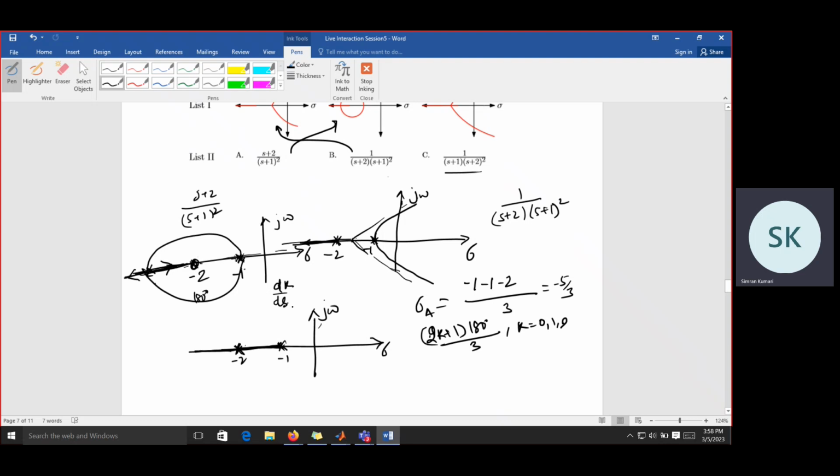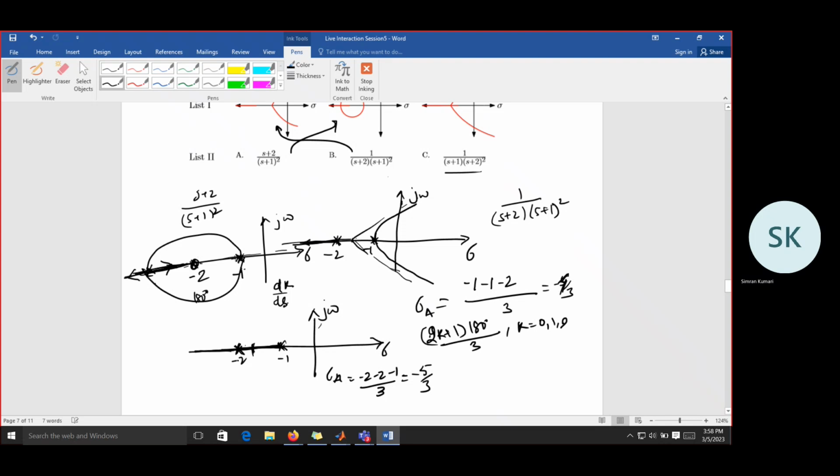Now the centroid will change. So what will be the centroid? -2, -2, -1 by, this is 4 poles... and this is -5 by 3. This would again be somewhat like this.